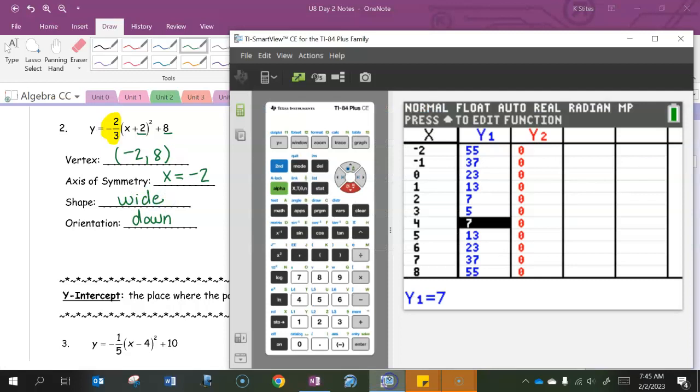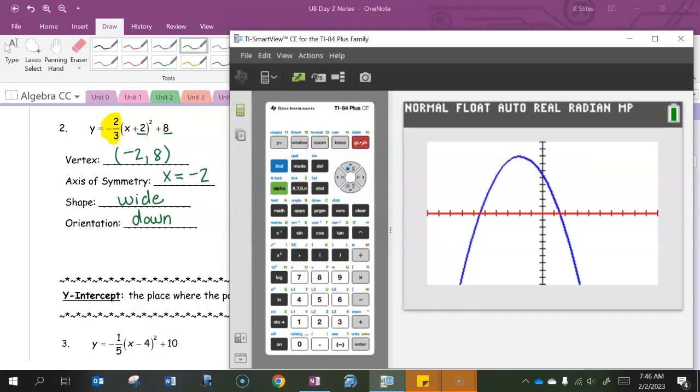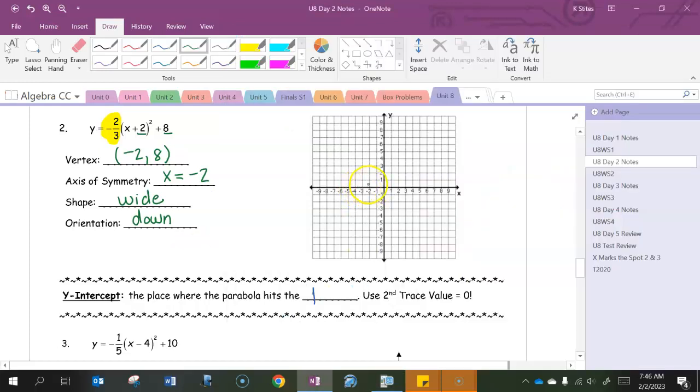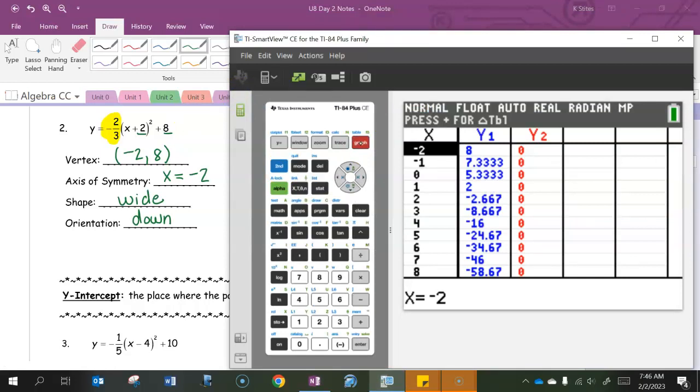Now we can go ahead and type this in, and graph. Okay, we already know our vertex, -2, 8. And then we're going to just go ahead and go to the table. Again, that's second graph. We're going to find your -2, 8. And we have a bunch of decimals here.